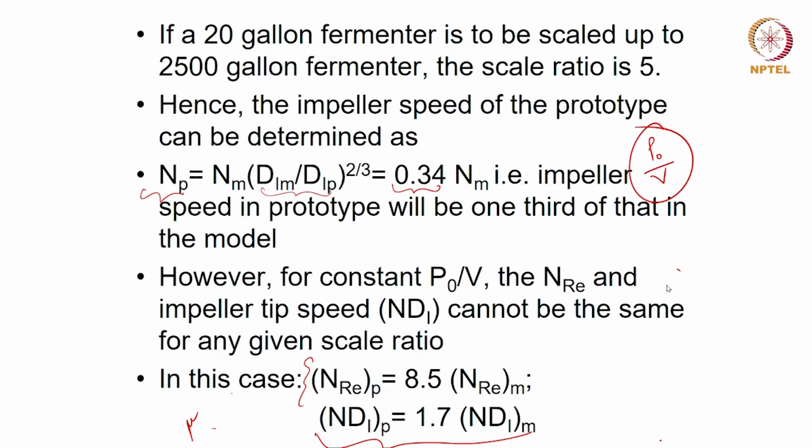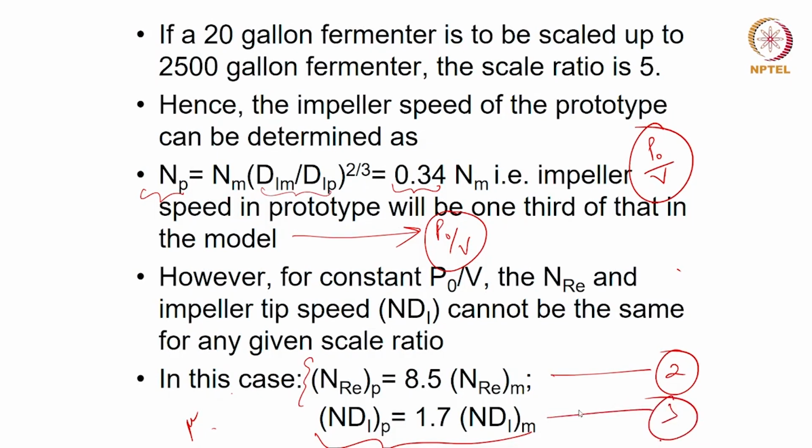So for constant P0 by V, the NRE and the impeller tip speed, you will see that they cannot be kept the same. So if this relationship holds for constant P0 by V as shown here between the NP and the NM, then the relationship between NRE at the prototype and at the model type will be shown here as equation 2 and as equation 3 for the tip speed.